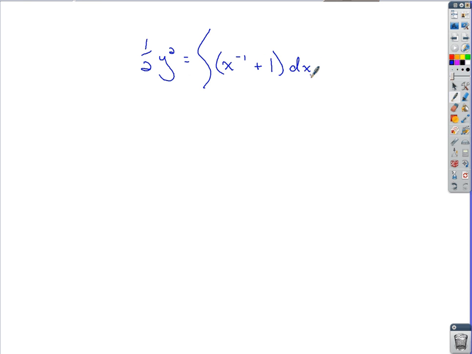All right, so if this is where we've left off, going through taking the antiderivative now of this right side, left side's already taken care of. Well, let's see here. X to the negative first. It's been a little while since we've had to take the antiderivative of something like that, but this is supposed to stand out to us as a special antiderivative. You remember what that answer is?